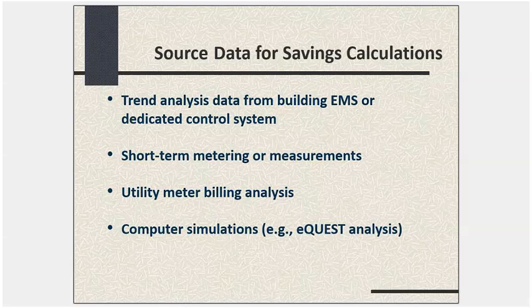But then when you do that, you have to figure out all the other factors that are affecting utility meter billing. That is an exercise we went through at DOT and to some extent at DAGS on that project. It's fine to do, but it does take some time and money and effort. And then there may be computer simulations using eQuest modeling for some particular savings from a specific ECM.